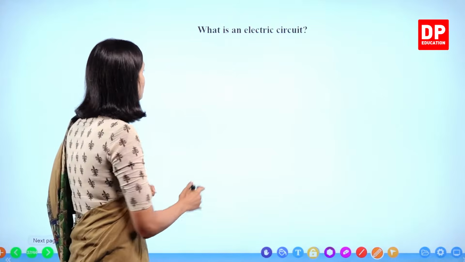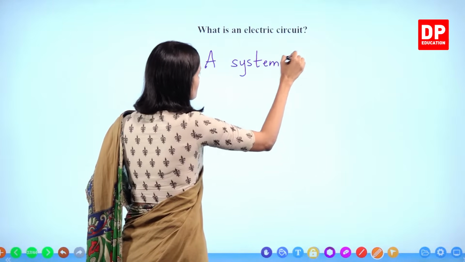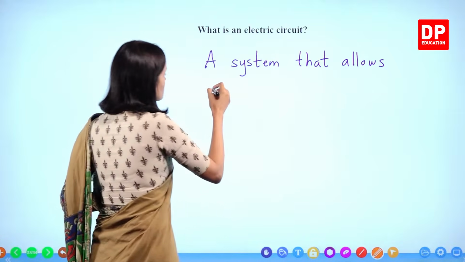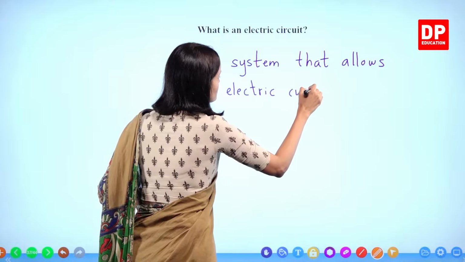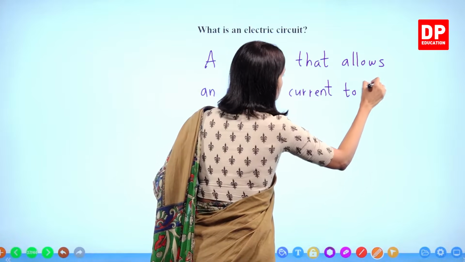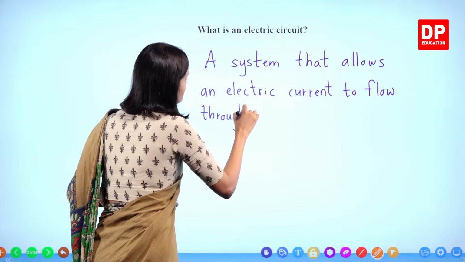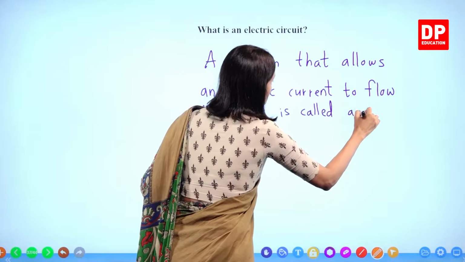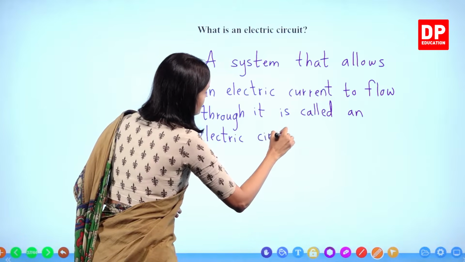What is an electric circuit? A system that allows an electric current to flow through it is called an electric circuit.